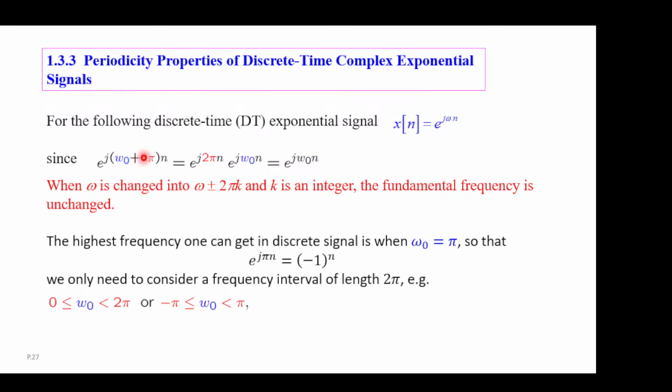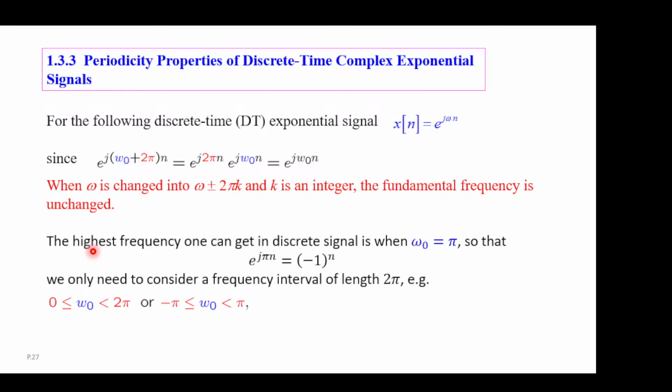If you change your omega to omega plus 2 pi, then because n is always an integer, you are just getting an e to the j 2 pi n term, and this is just 1. So adding 2 pi to your omega doesn't change your signal at all, because you are only sampling your signal at integer points.